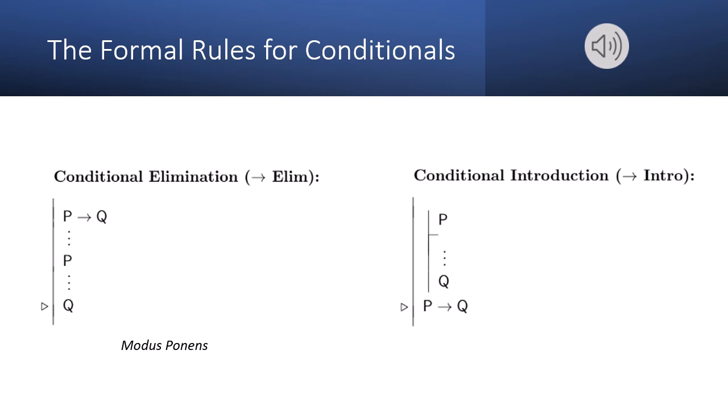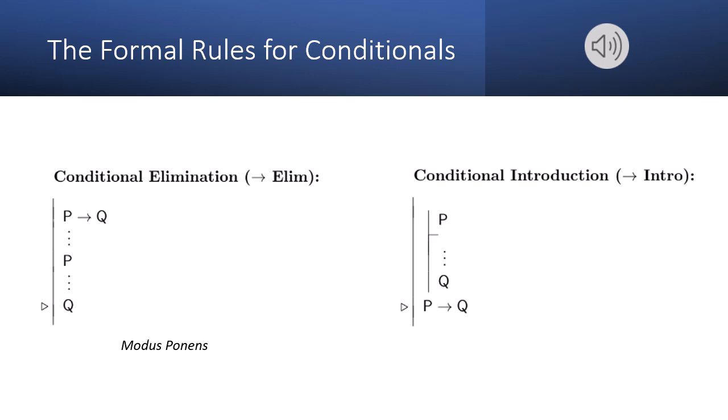Now, what it says is that if you've proven the conditional P arrow Q, so P implies Q, and you've also proven that P is true, then later on in your proof, you can cite those two sentences and conclude that Q must also be true as well.